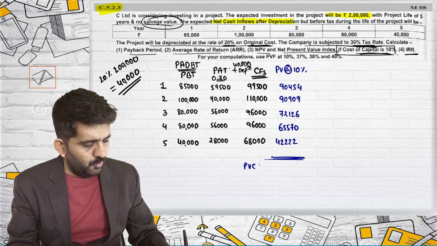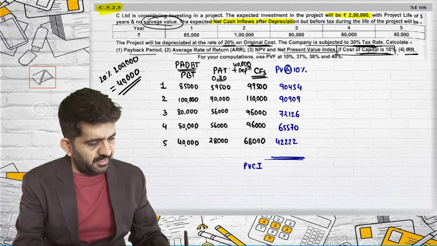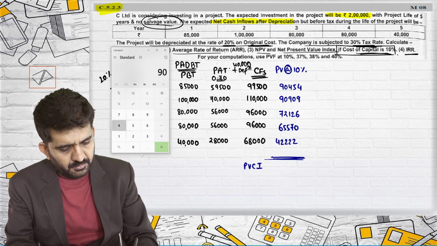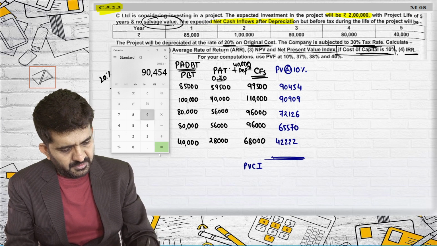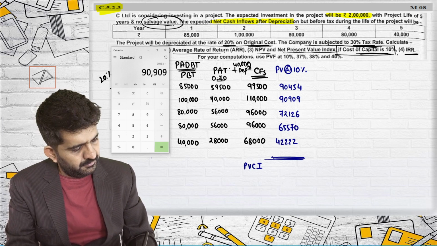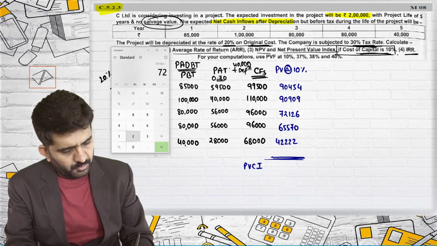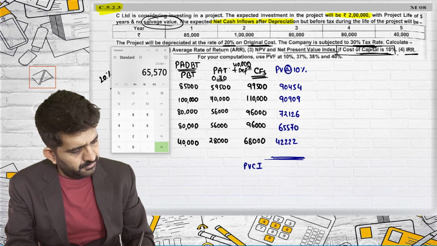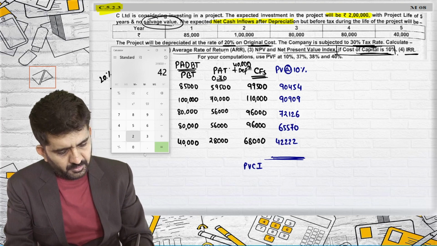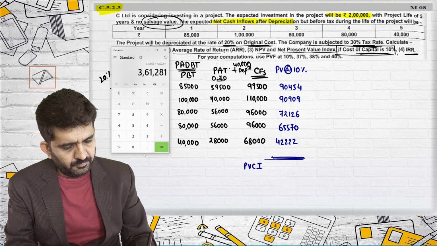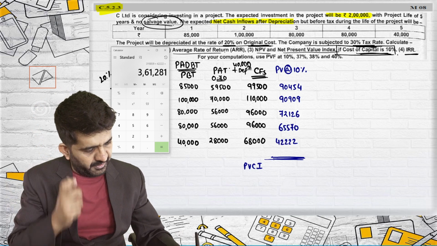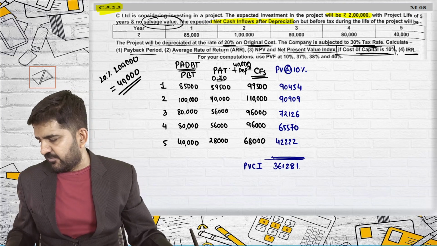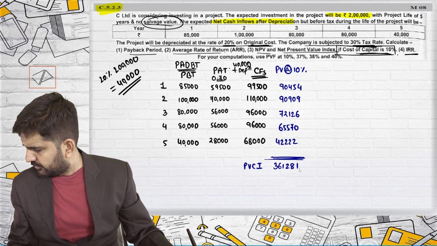Total present value of cash inflow. I can easily make the total. 90,454 plus 90,909 plus 72,126 plus 65,570 plus 42,222. 361,281 is the present value of cash inflow.